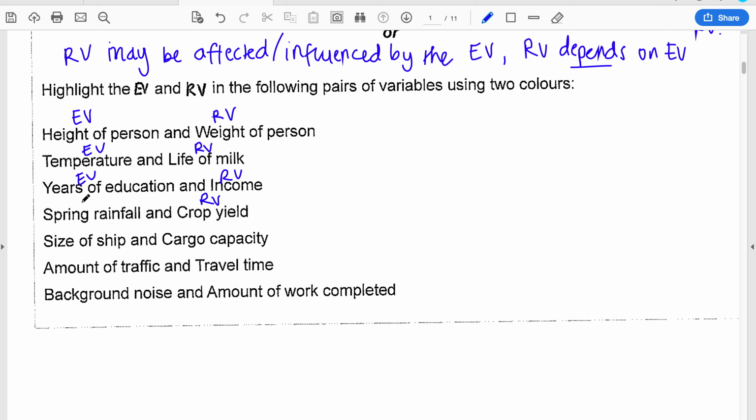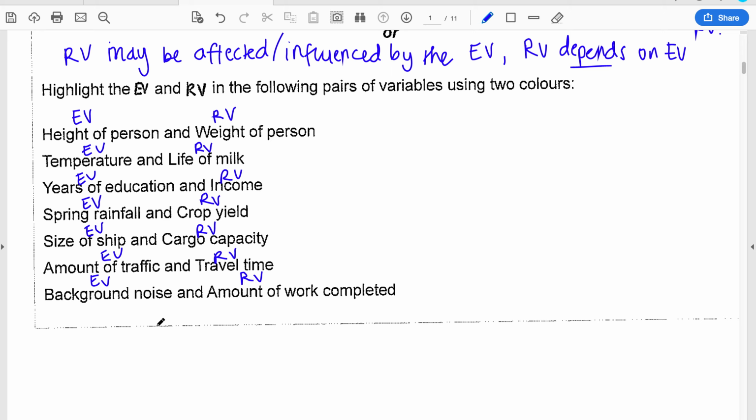The crop yield depends on the rainfall. The cargo capacity, that depends on the size of the ship. The travel time to work, well, that depends on what traffic you had. And how much work you do, that really depends on the environment that you've been working in, so the background noise. So if you can find something that depends on the other one, you've found your RV, which is what I did in this case.